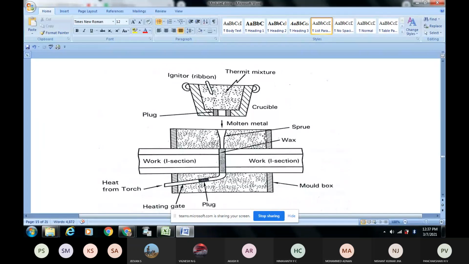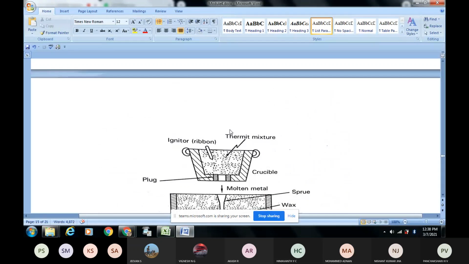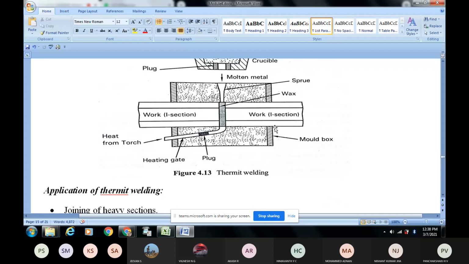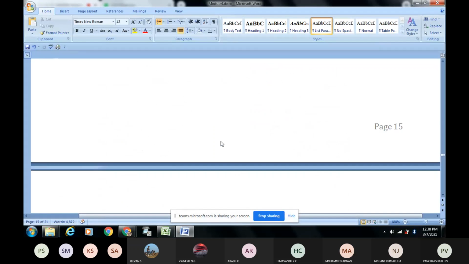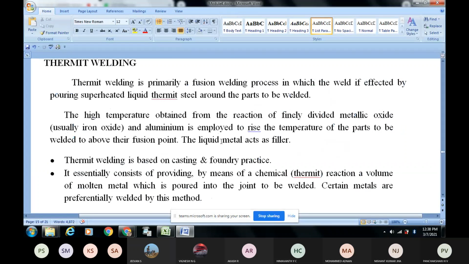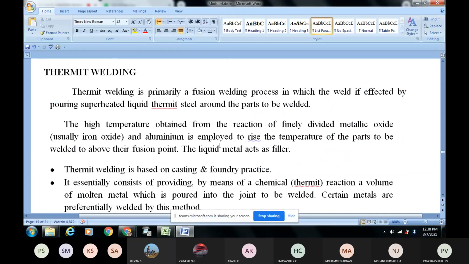So this is called thermit welding, where it is not using any electrical power or any other external energy for the welding of two broken parts. Now, after having understood this basic principle with the diagram, I am going to explain with the help of this: what is thermit welding? Thermit welding is primarily a fusion welding.